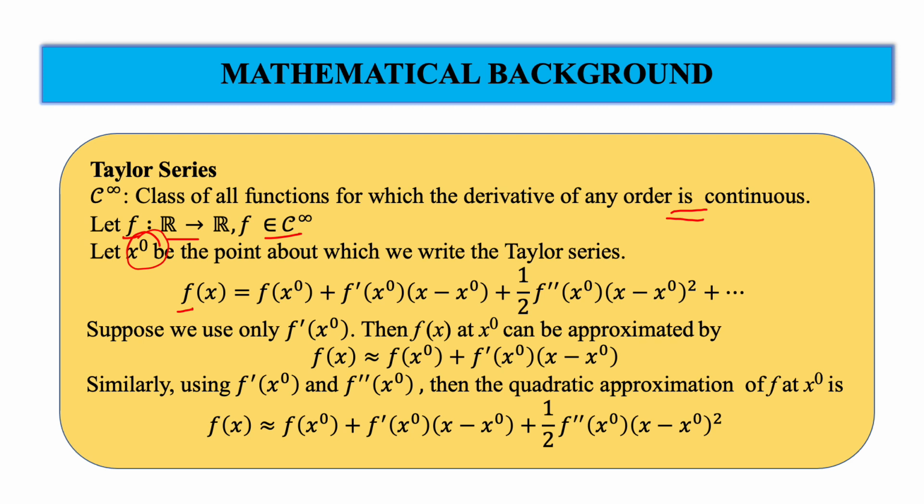It is an infinite series. Now suppose that we decided to use only f'(x naught). Then the function value of f(x) near x naught can be approximated using only the first two terms. So we do not use the remaining terms. Similarly, a quadratic approximation of f around x naught can be written like this by ignoring the remaining terms.